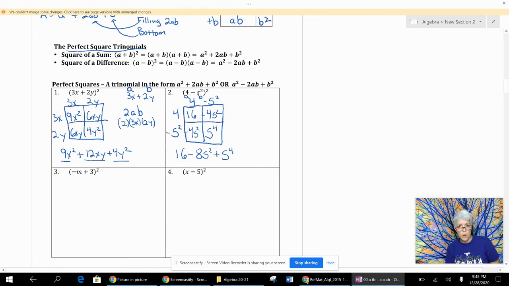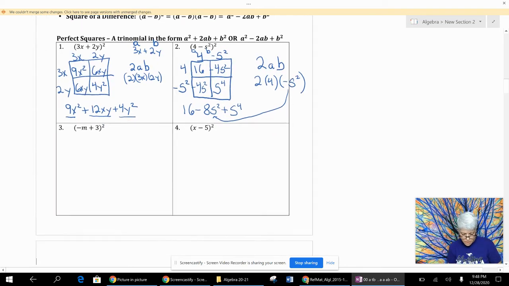Square negative s squared, I get a positive s to the 4th. And then the middle, the 2ab, is 2 times the 4 times the negative s squared. And that is where this comes from. The stuffing, the middle.